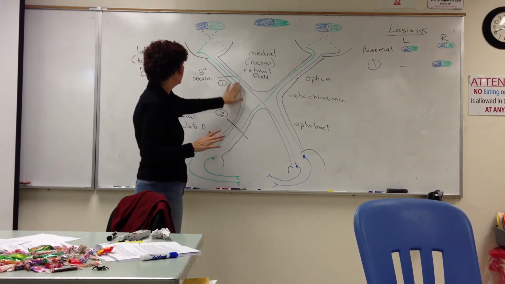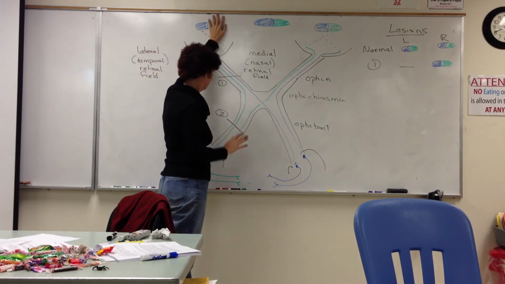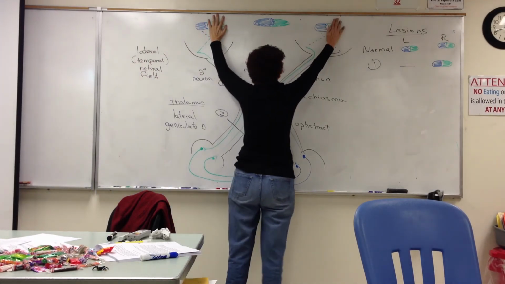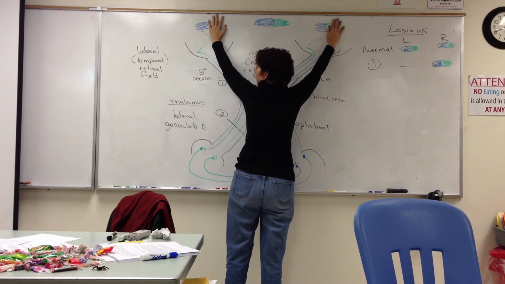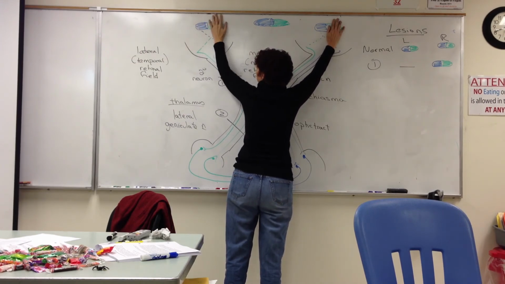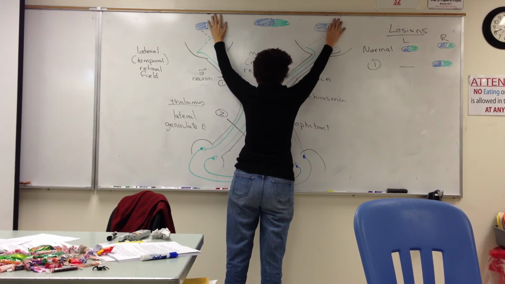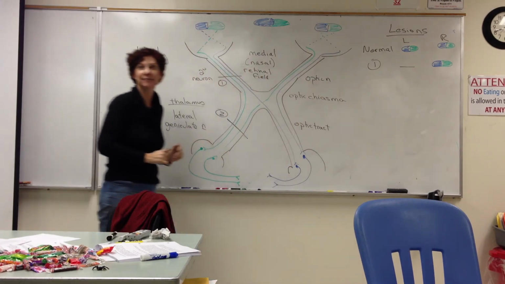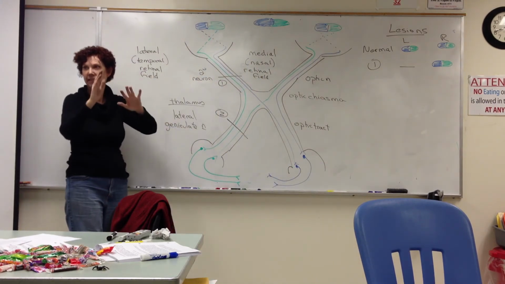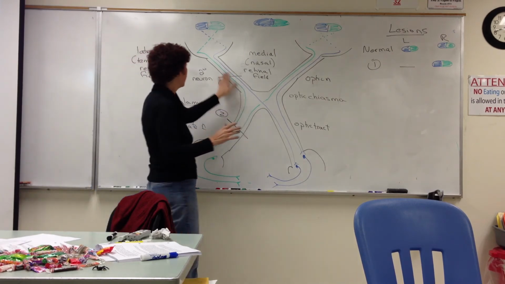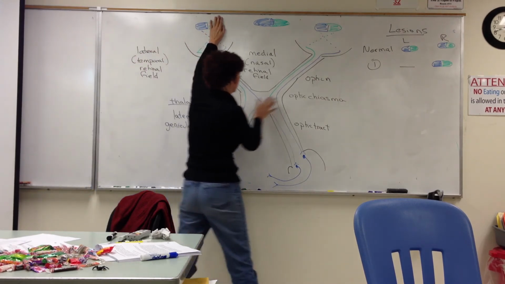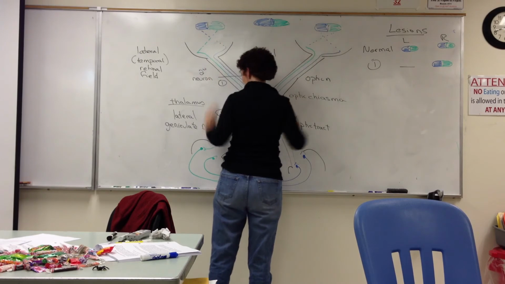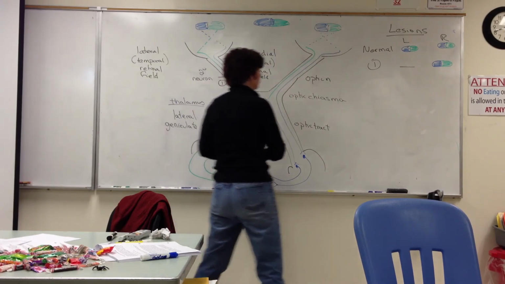So this one comes from here. This one comes from here, and that's my field of view. The temporal field of view for my left eye, the medial field of view for my right eye. Okay, you see how I did that? Just follow that back, block it out, follow that back, block it out, and that's what you see.